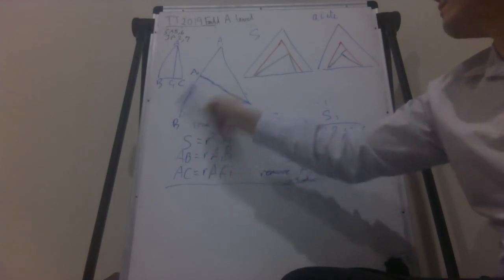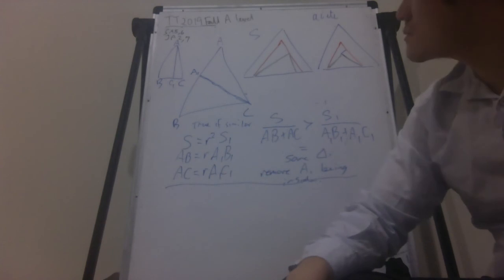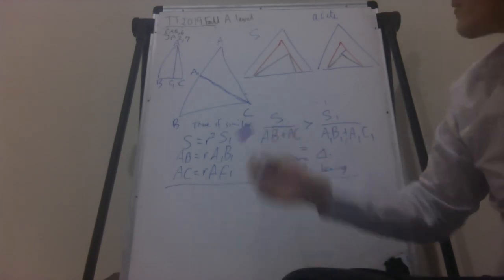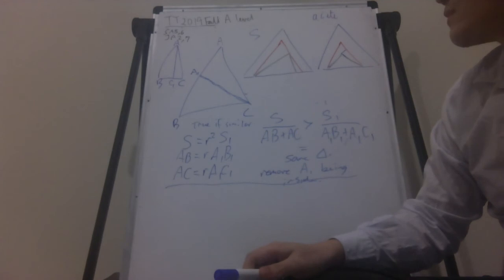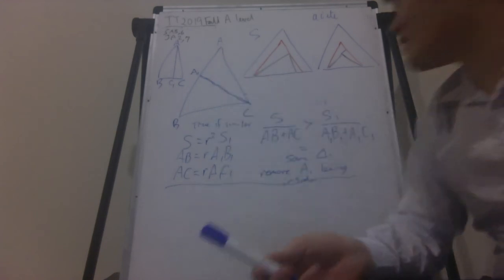Like, the sum of these two lengths doesn't rotate to the sum of these two lengths. But if you phrase the area differently, it might work. So if you phrase the area in terms of, so if they have a common base, then it's just the ratio of their heights.